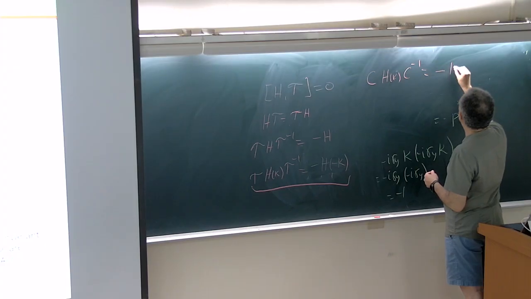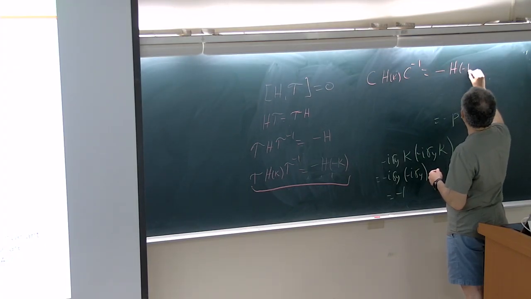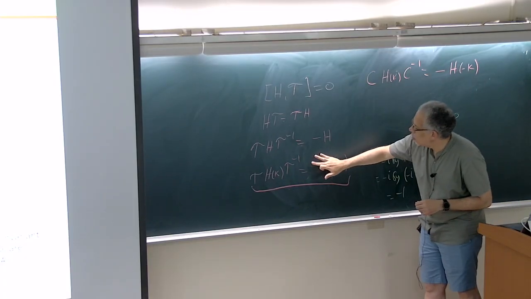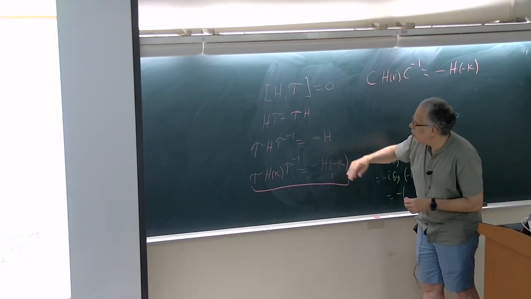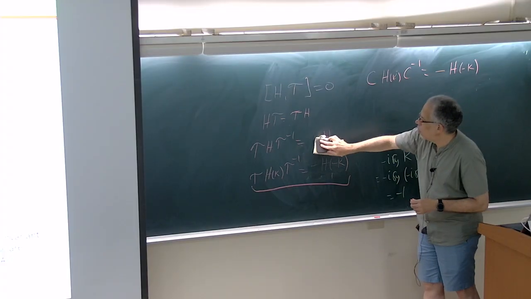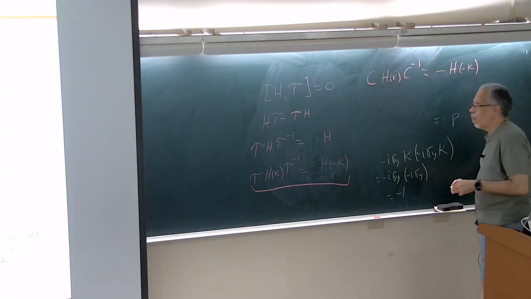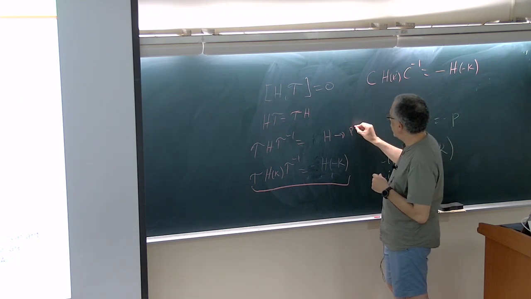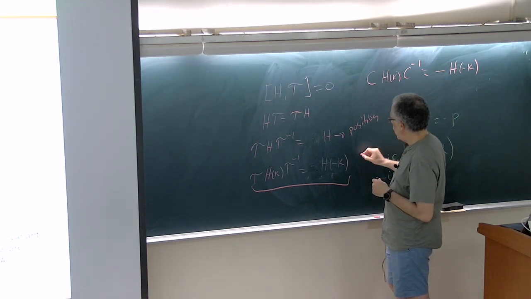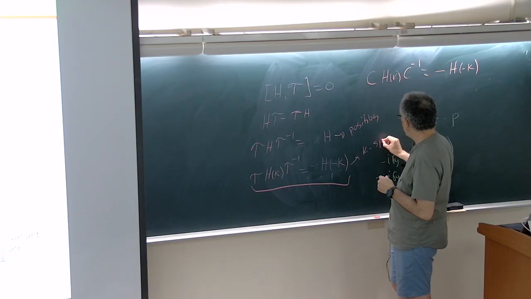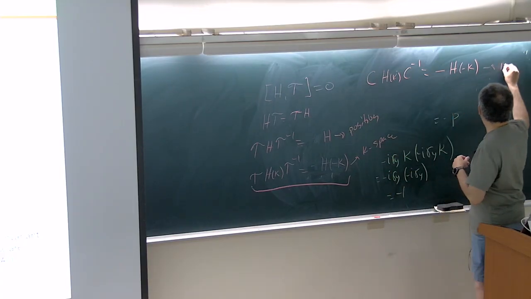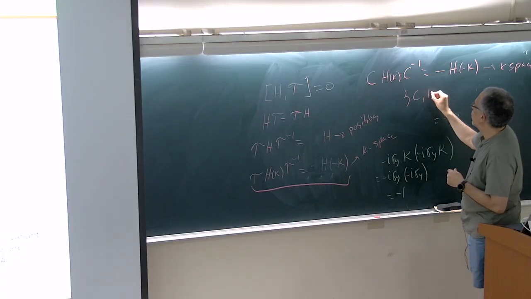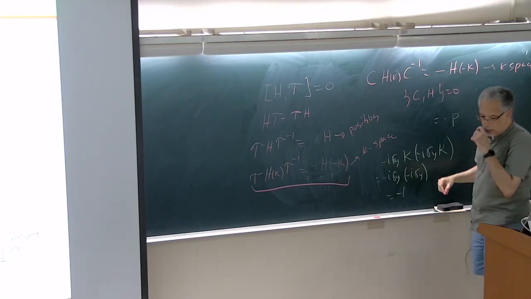So you will have minus h minus k. Here is plus, sorry. Here is plus. Okay, so this is position space. This is k space. And in position space, you have this. Okay.